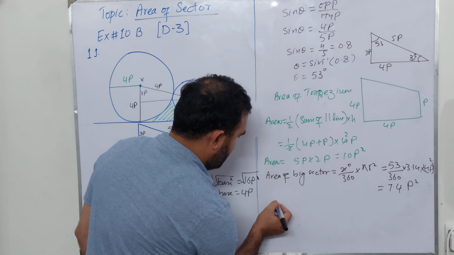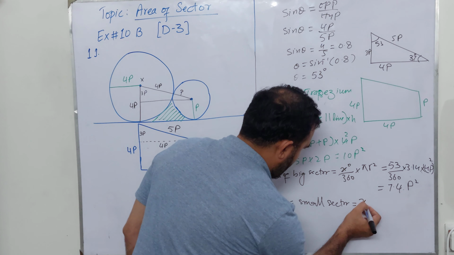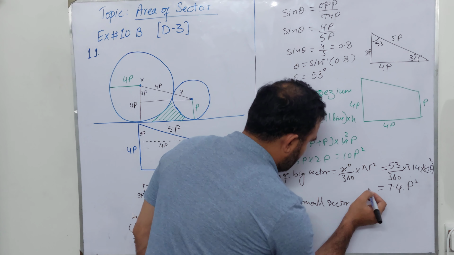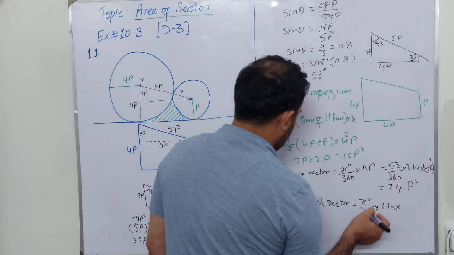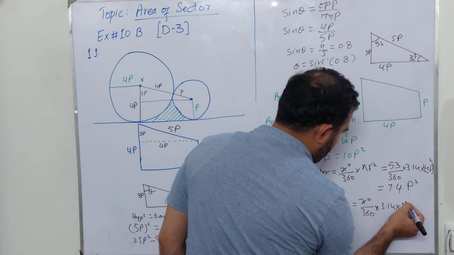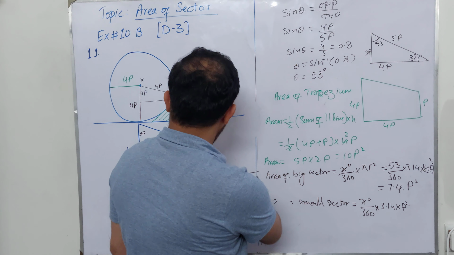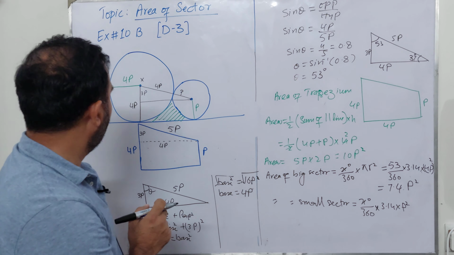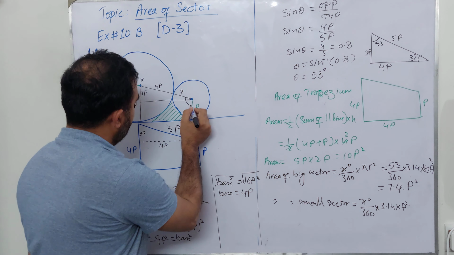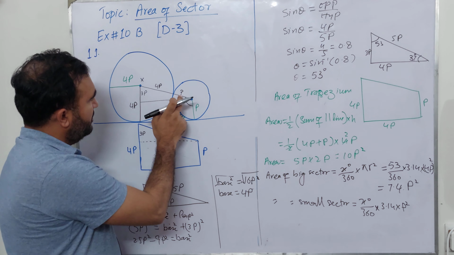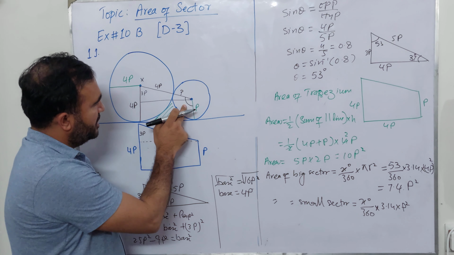Okay, now the area of the small sector, angle divided by 360 into pi, which is 3.14, r is small p, so it will be p square, and the angle is, sorry, this angle is 37 plus 90, so it's 127.